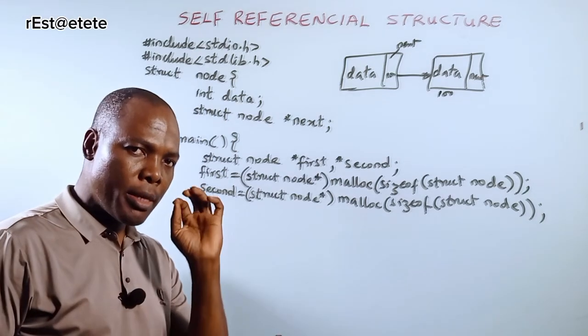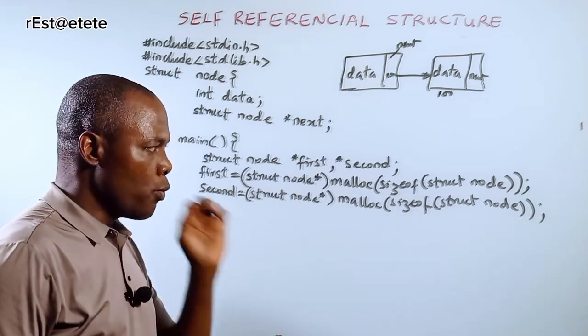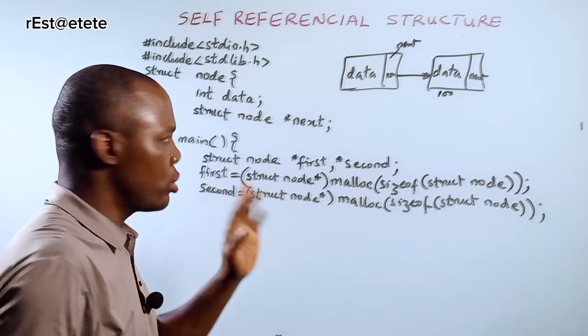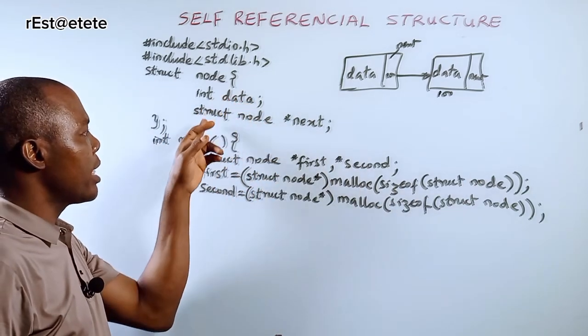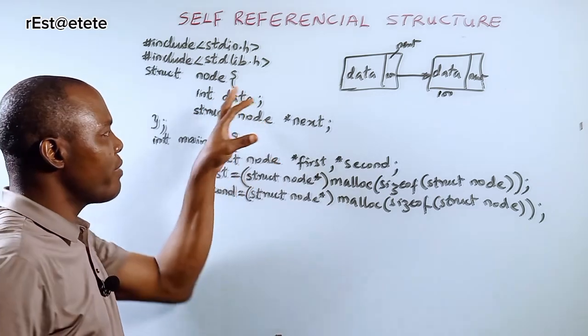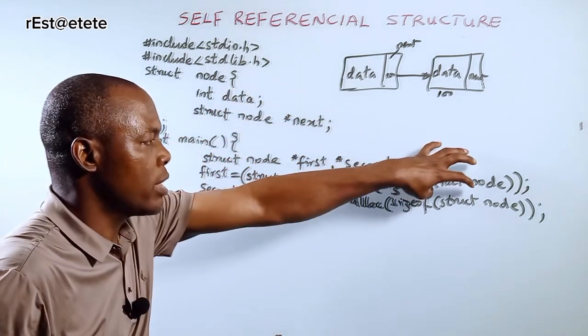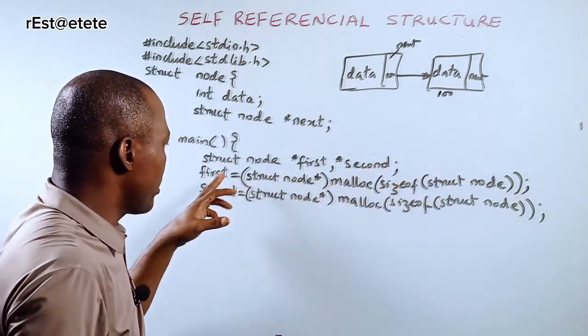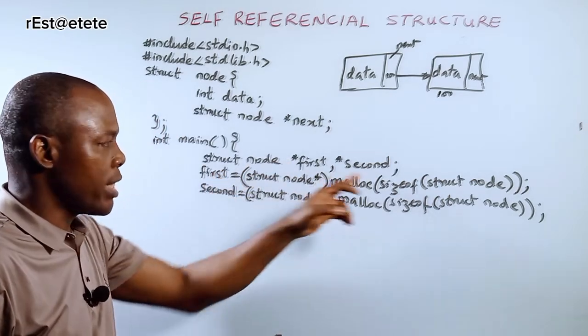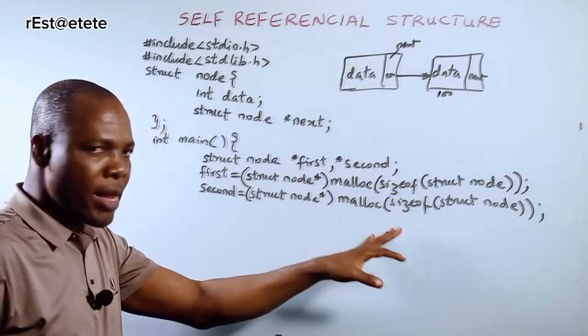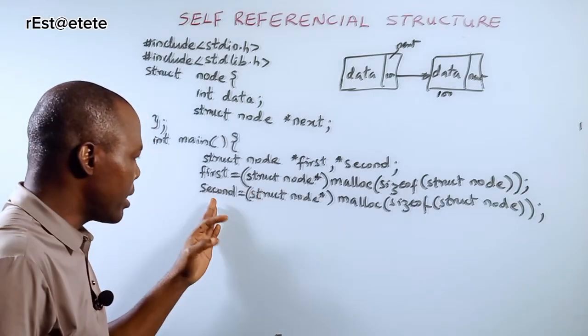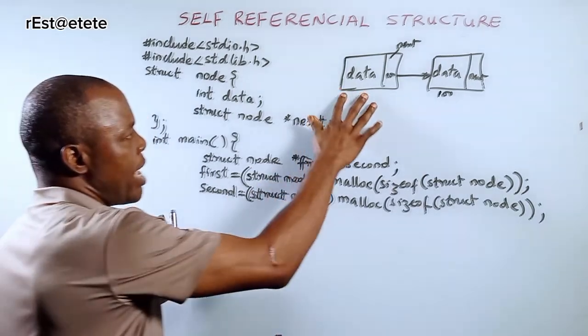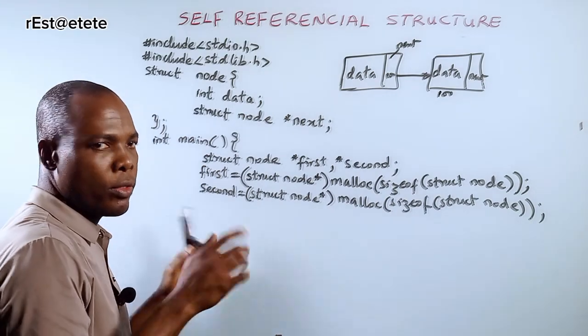I have created memory in the heap with what size? Size of struct node. What is the first one? Integer, then struct node. So whatever the size is, that is what will be created in the heap. And I have this first pointer pointing to it. Then I created another memory location, still in the heap, and then I have second pointing to it.